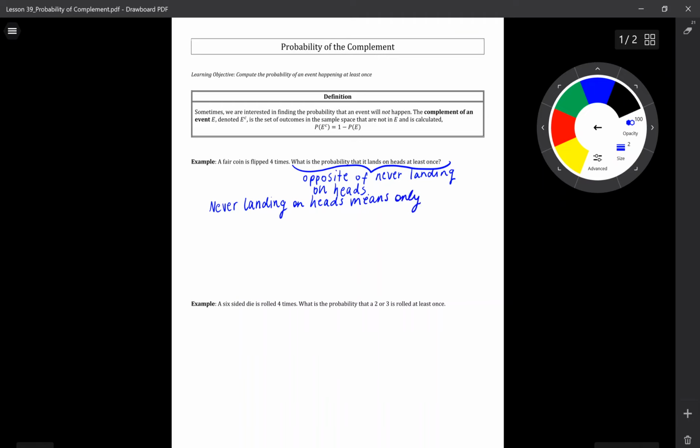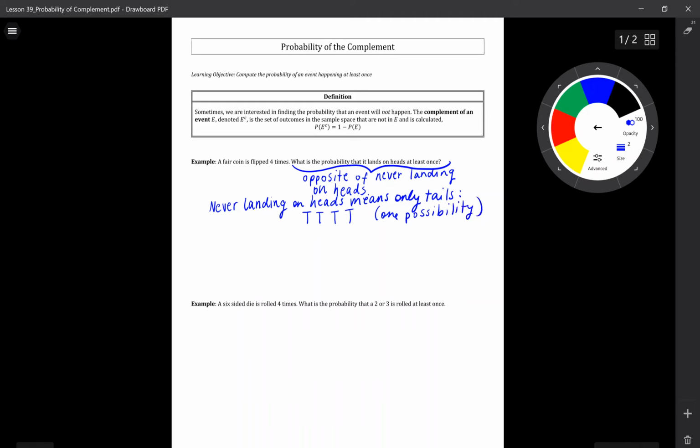Only tails. And there's only one way to land on only tails, right? If I have 4 flips, this will mean tails, tails, tails, tails. So how many different possibilities are there total? There's one possibility for landing on only tails.